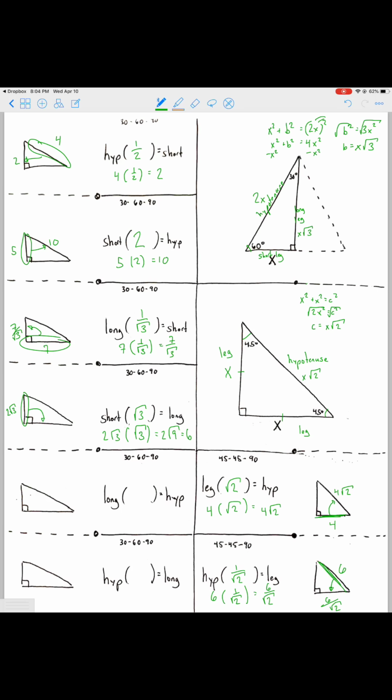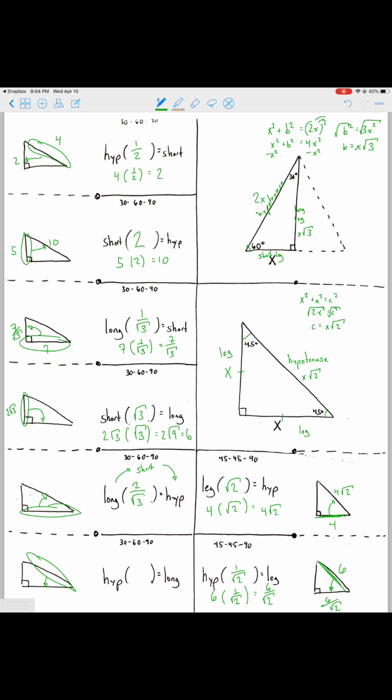The most complicated one is going from the long to the hypotenuse, or going from the hypotenuse to the long. Going from the long, we would need to multiply it by 2 over the square root of 3 to get to the hypotenuse, because we're starting at the long, going to the short, then going to the hypotenuse.